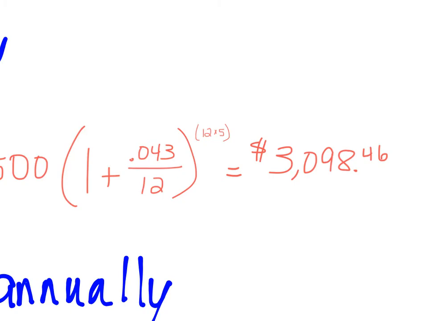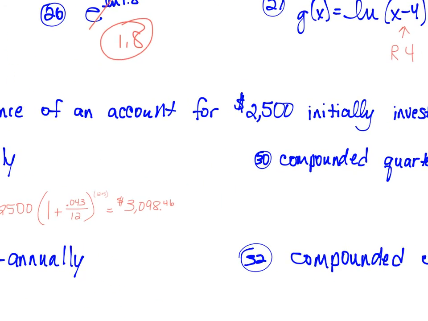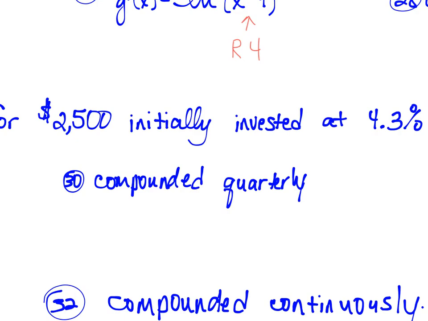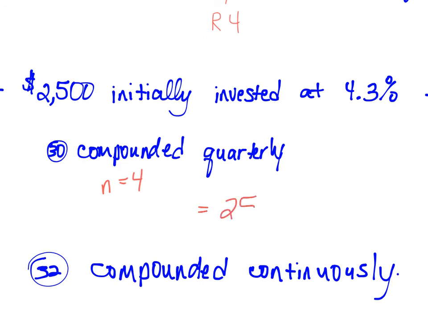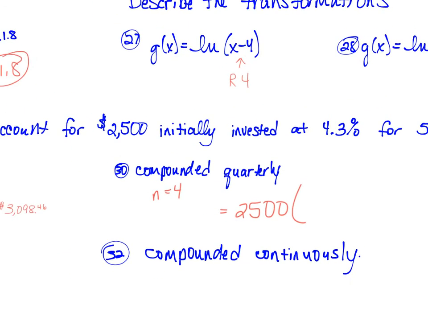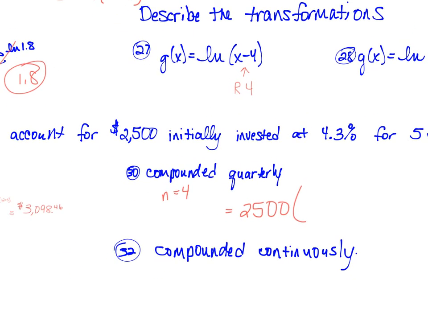All right, so now when we do the next one, what is the only thing that changes? The quarter. The n. So instead of n being 12 here, what's n going to equal? 4. Everything else stays the same. How many quarters are in a dollar? 4. How many quarters are in a basketball game? 4.